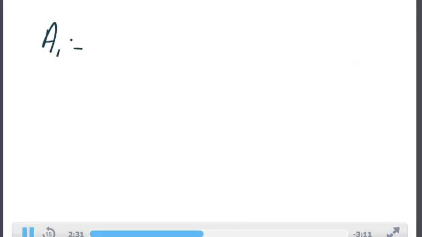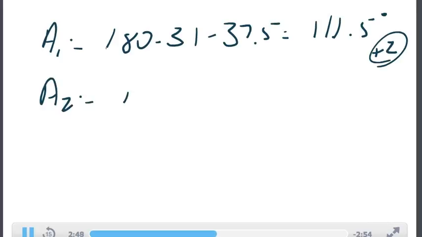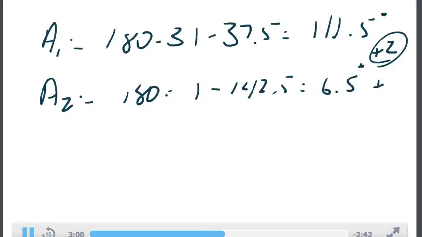So A1 is just 180 minus 31, which is B, minus 37.5, which is C1. That makes it 111.5 degrees, and that's 2 points. A2 is 180 minus 31 minus 142.5, and that's 6.5 degrees, which is another 2 points.